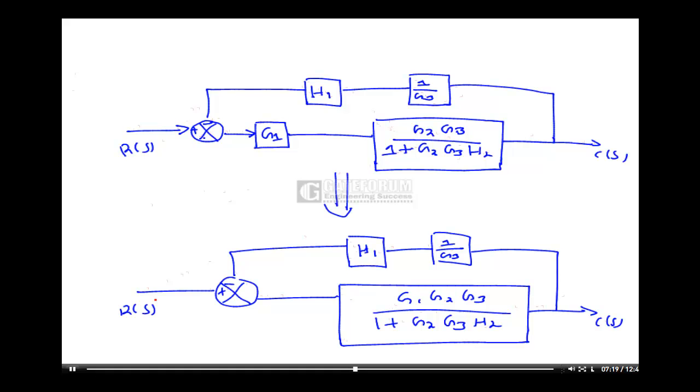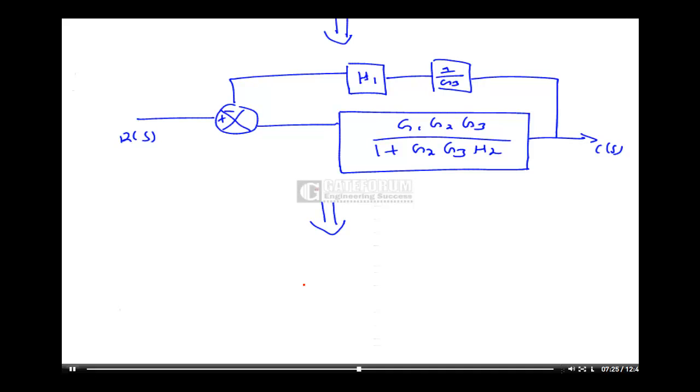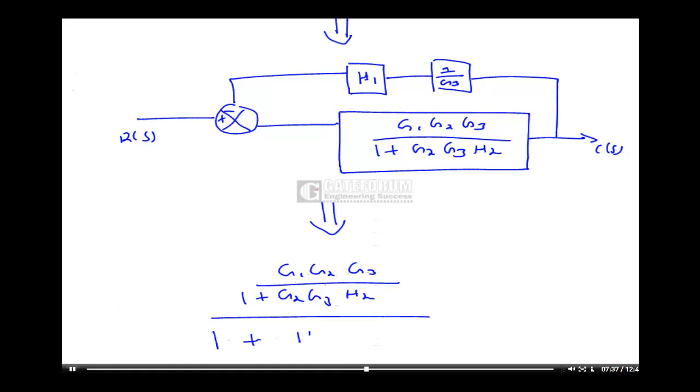Okay. This can further be simplified to the last this thing, G1 G2 G3 upon 1 plus G2 G3 H2 upon 1 plus H1 by G3 times G1 G2 G3 over 1 plus G2 G3 H2.